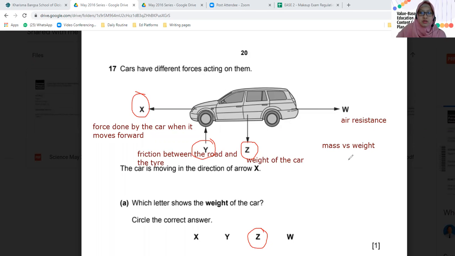Weight is different. Weight is influenced by the gravitational force of the place.